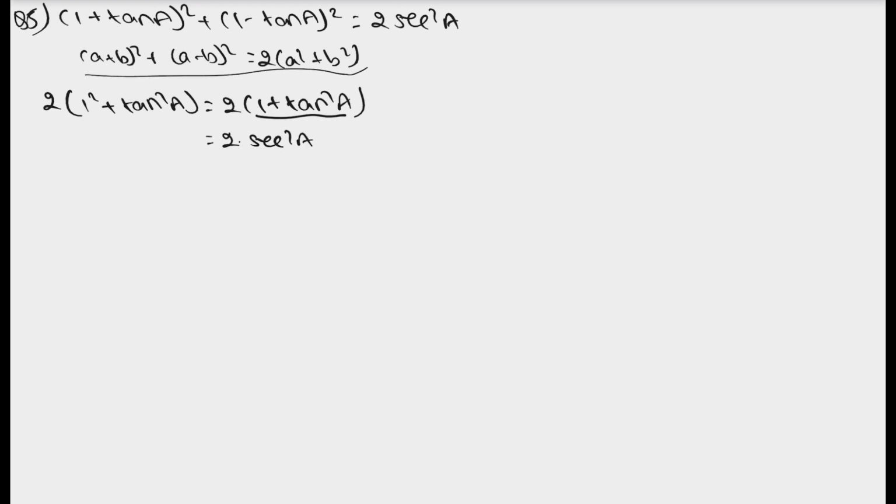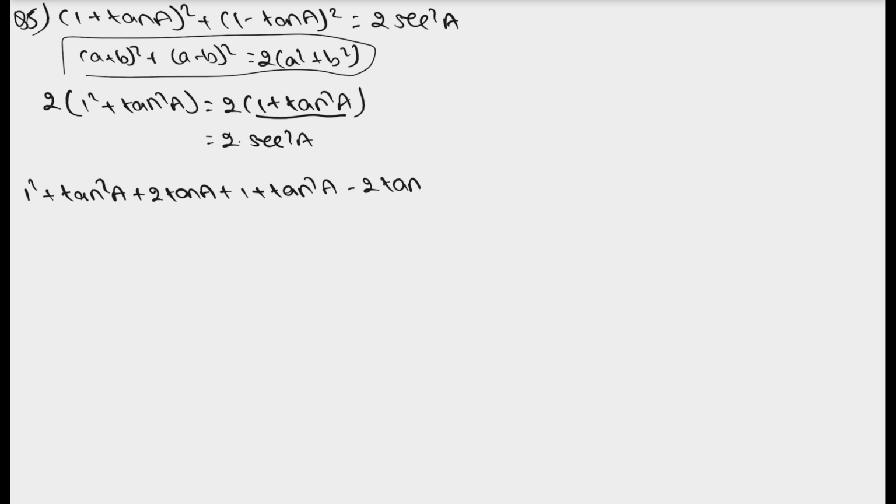What if you don't know this condition? Just try to expand this in the form of (A plus B) whole square and (A minus B) whole square. (A plus B) whole square is A square plus B square plus 2AB. And next, (A minus B) whole square is A square plus B square minus 2AB.